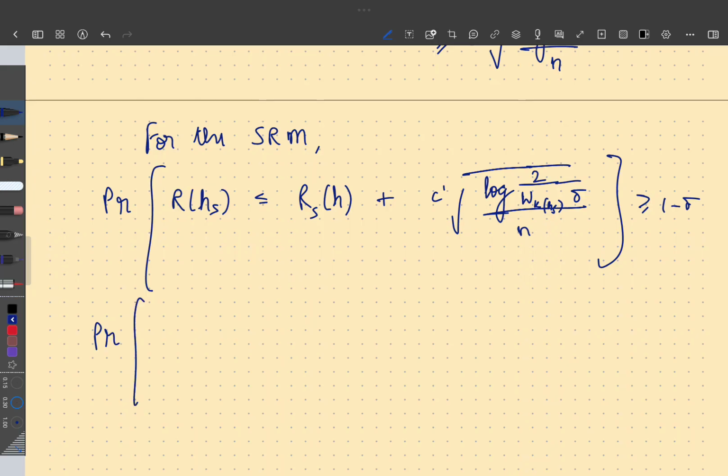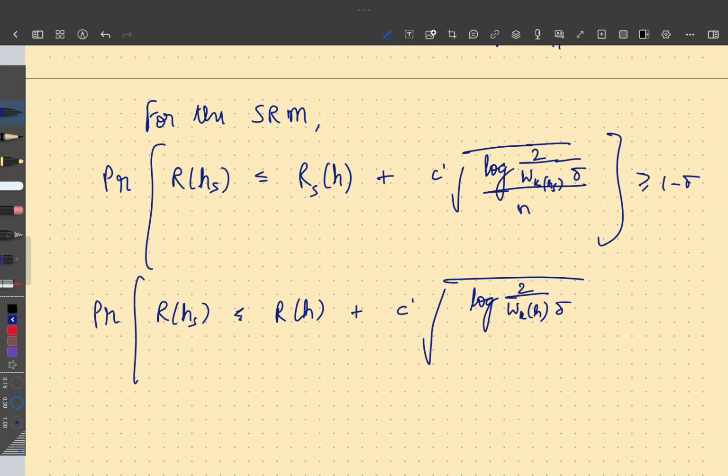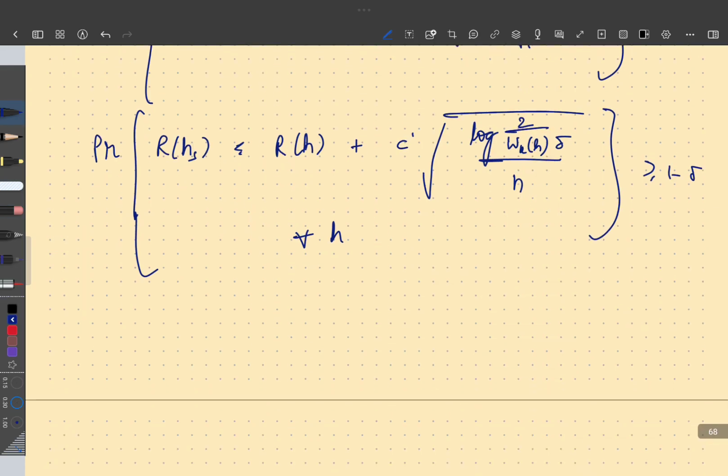Also, R of hs is less than or equal to R of h plus a universal constant times square root of log 2 over w k of h times delta, divided by n, for all h, such that this is greater than or equal to 1 minus delta.